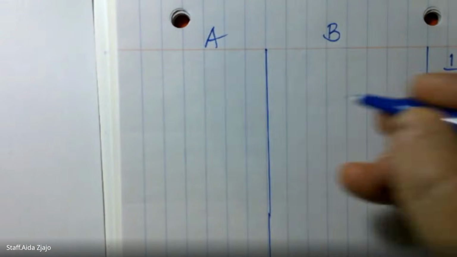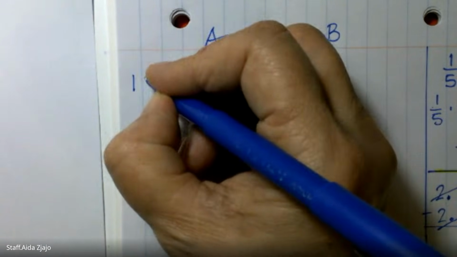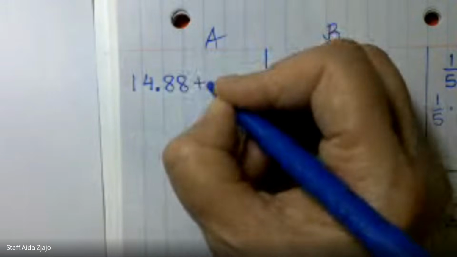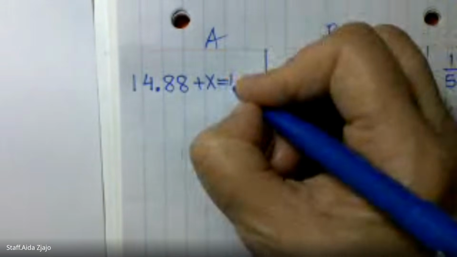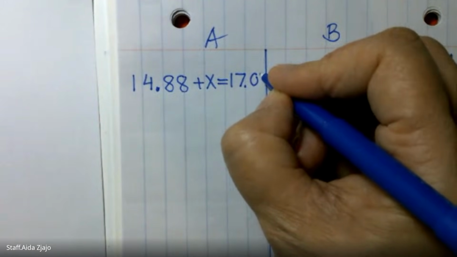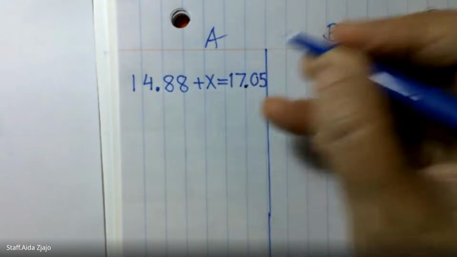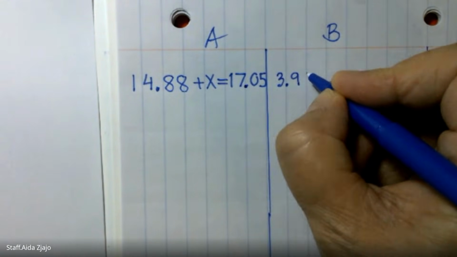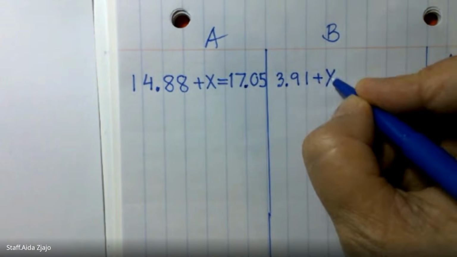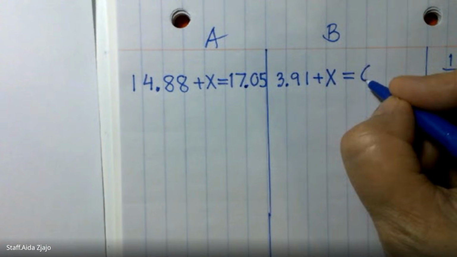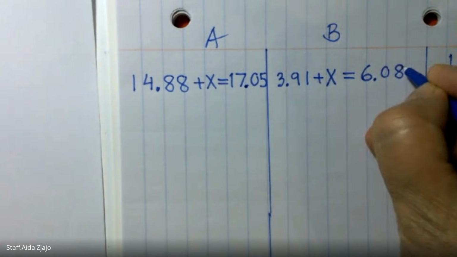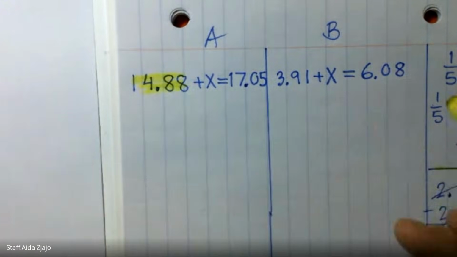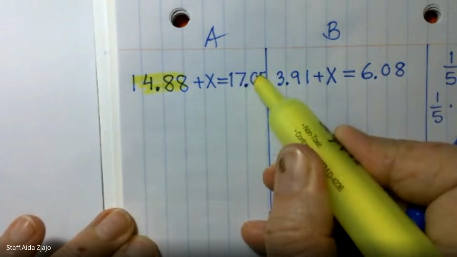So 14 and 88 plus x equals 1705 500s, and then 3 and 9100s plus x is same as 6 and 800s. So this needs to be subtracted from this side and then from other side as well.